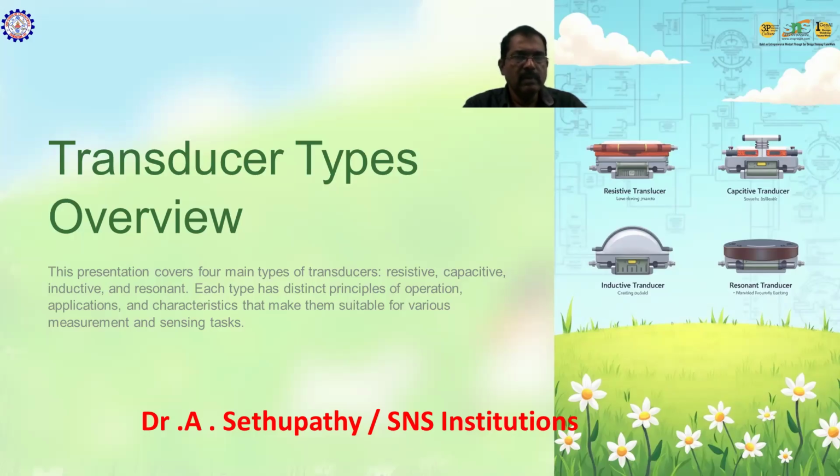In this video, we will see the main four types of sensors: resistive, capacitive, inductive and resonant. These four types of transducers, that is sensors, we overview in this video.